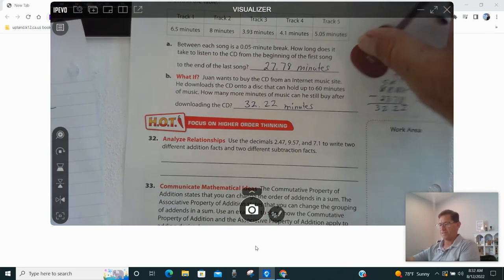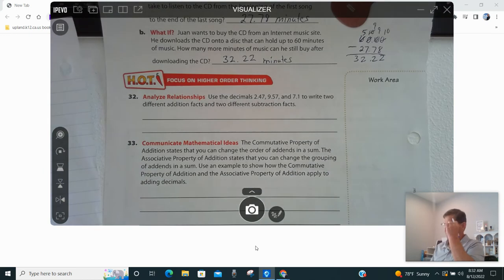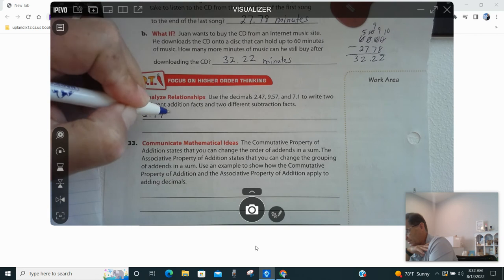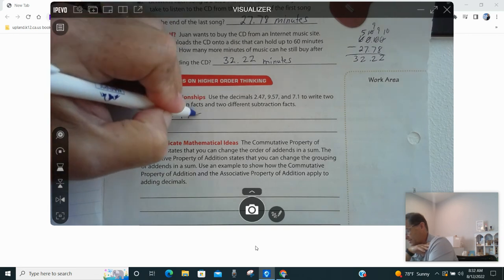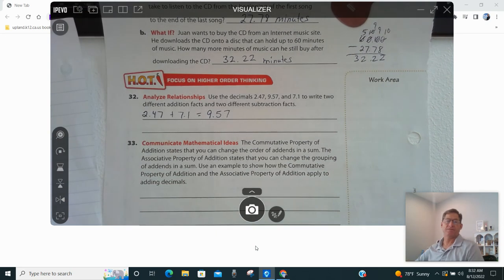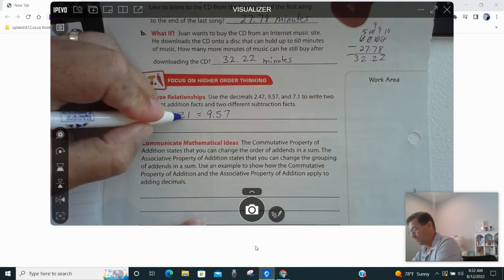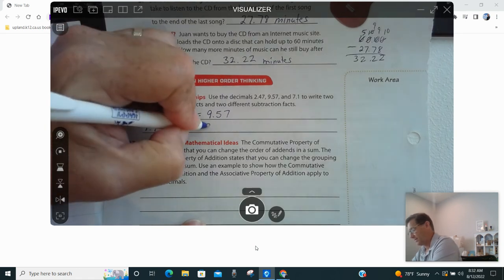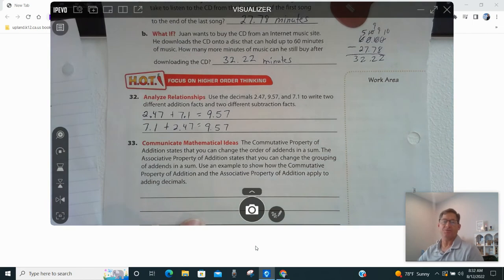All right, 32. Use the decimals 2 and 47/100, 9 and 57/100, and 7 and 1/10 to write 2 different addition facts and 2 different subtraction facts. Okay, so 2 and 47/100 plus 7 and 1/10 equals 9 and 57/100, or 7 and 1/10 plus 2 and 47/100 is 9 and 57/100.